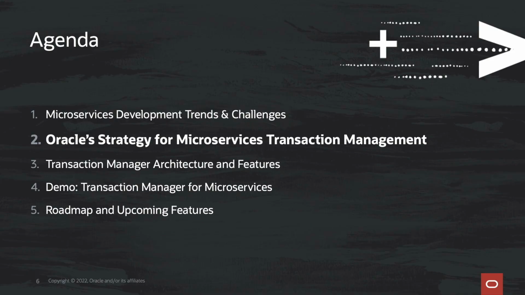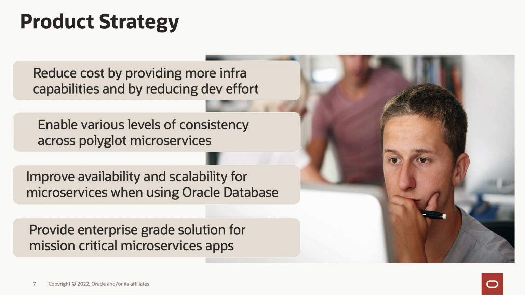So what is the Oracle strategy for this product? Our ultimate goal here is to reduce the cost for application development and time to market by reducing the development effort that is required. Developers should not have to worry about all this consistency, and we provide these infrastructure level capabilities. Starting with, we are going to provide various levels of consistency across polyglot microservices.